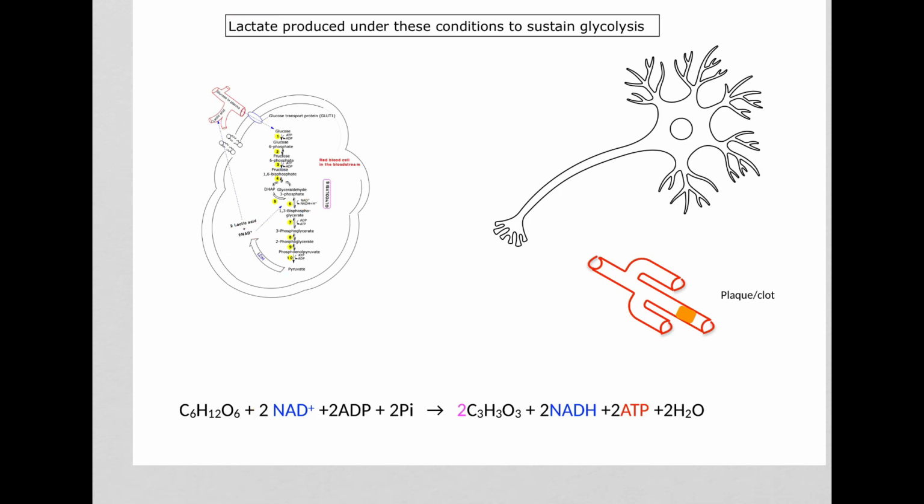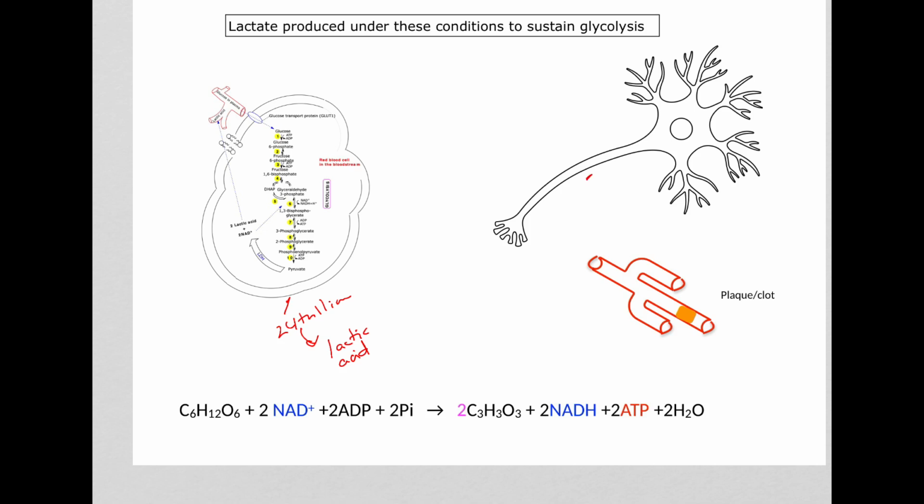This means that cells like your red blood cells, and remember we have about 24 trillion red blood cells, will continuously produce lactic acid. So the blood lactic acid that we see all the time will be coming from red blood cells because they will continuously produce lactic acid.